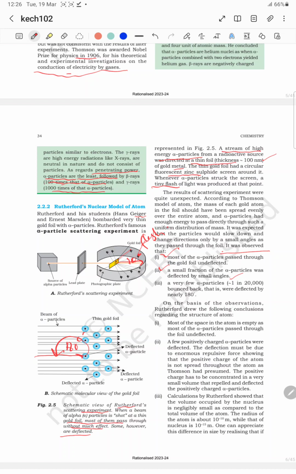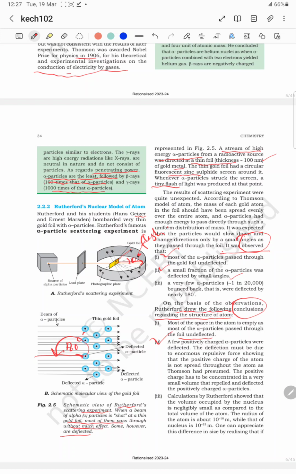On the basis of the observations, Rutherford drew the following conclusions regarding the structure of atom. तो ये एक अब conclusion करने जा रहे हैं. पहले हमने observations की थी. So most of the space in the atom is empty as most of the alpha particles pass through the foil undeflected.